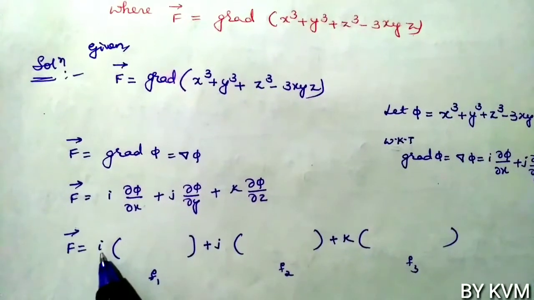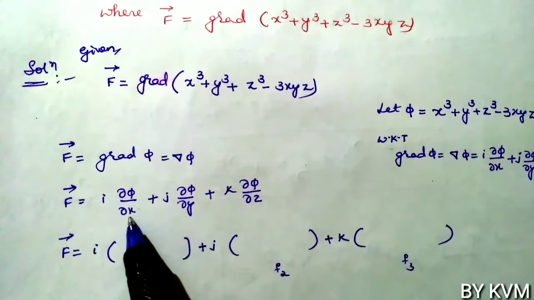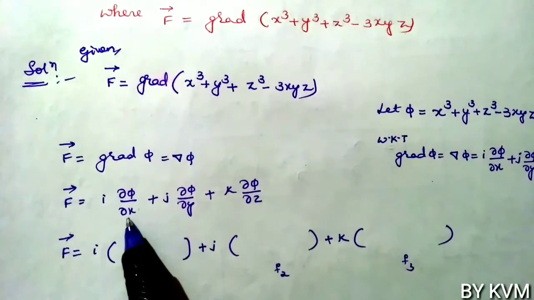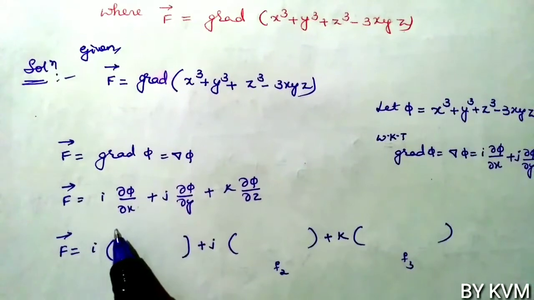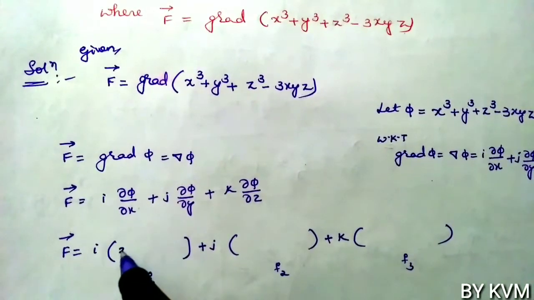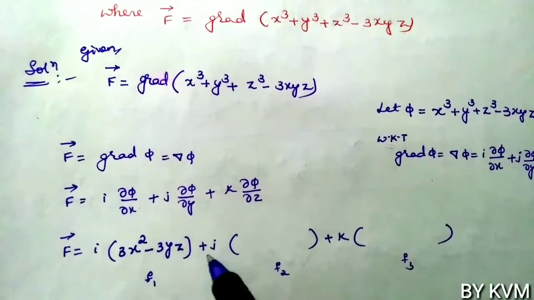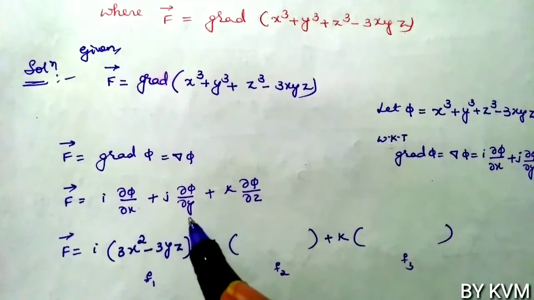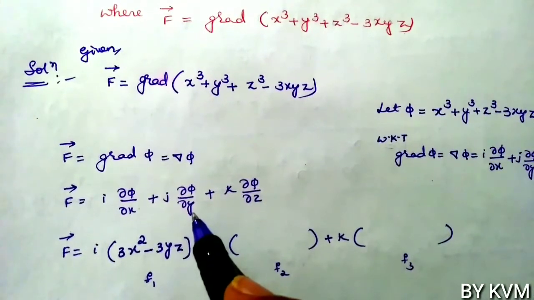So vector f equals i times, differentiate phi with respect to x, ∂phi/∂x. So y and z are constants. So we get 3x square minus 3yz, plus j ∂phi/∂y. Differentiate phi partially with respect to y. So x and z are constants.